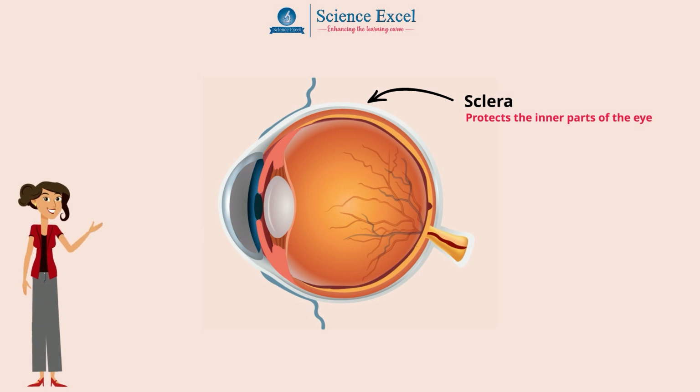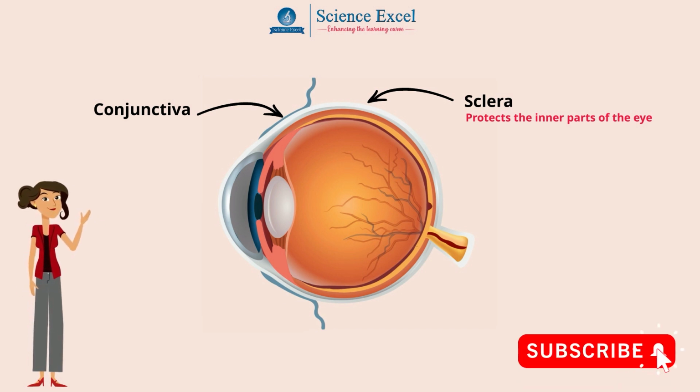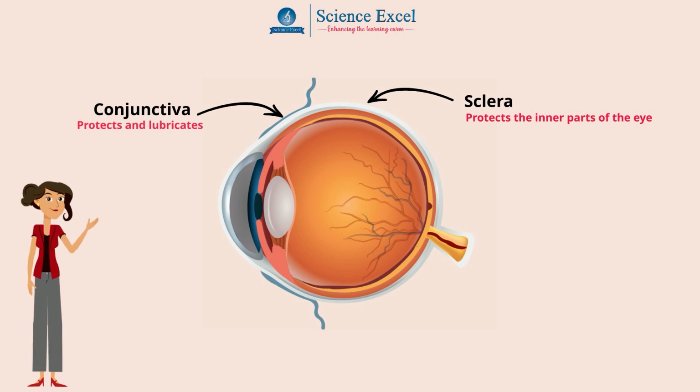Near the front of the eye, the sclera is covered by a clear, thin, transparent membrane called conjunctiva, which lines the inside of our eyelids. It provides protection and lubrication of the eye by the production of mucus and tears. This fluid is washed across the eye by our eyelids when we blink.